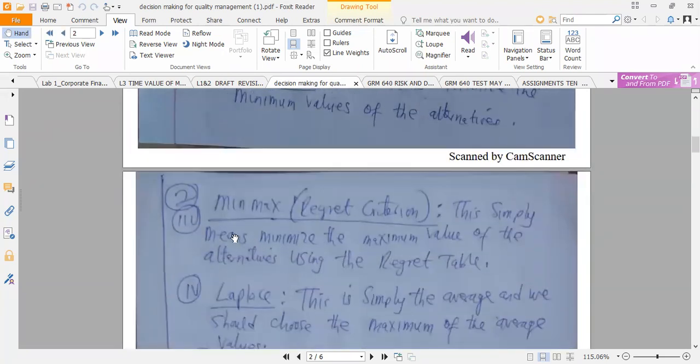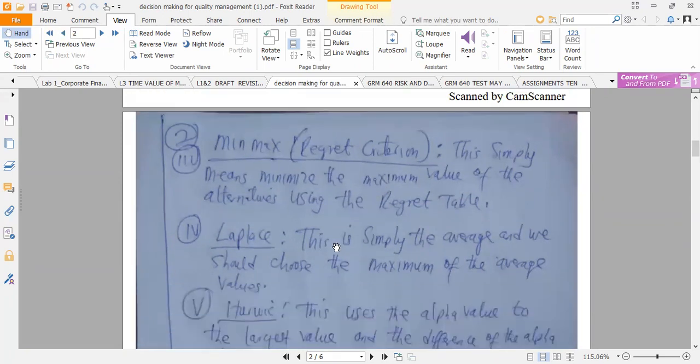We also have what we call a regret criterion or a minimax, where we're simply minimizing the maximum value of the alternatives. We pick the smallest amongst the maximum values. So we'll be using what we call a regret table. I'll refer this to your assignments and your tests, and we'll see how and what much of this means.